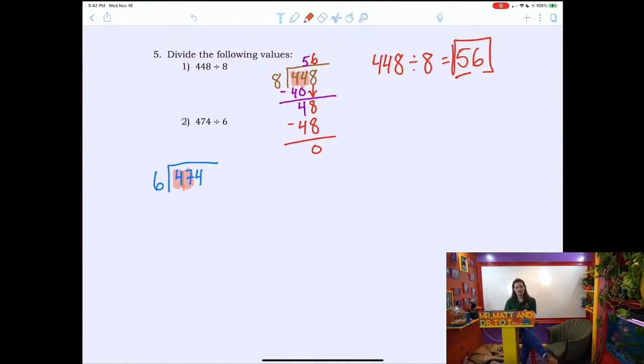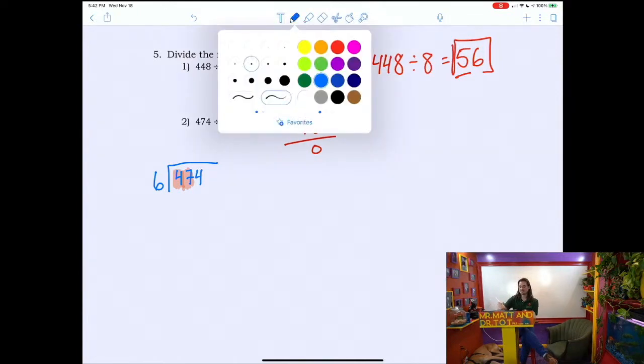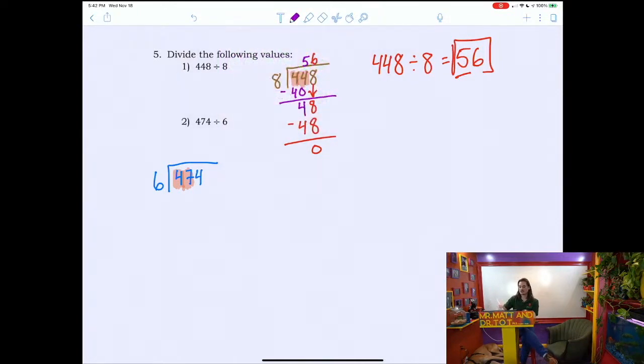Well, 6 times 7 is 42, and 6 times 8 is 48. 47 is in between 42 and 48, so I know that 6 can go at least 7 times into 47, because 7 times 6 is 42. Now I subtract, and I'm going to get 5. 47 minus 42 is 5.